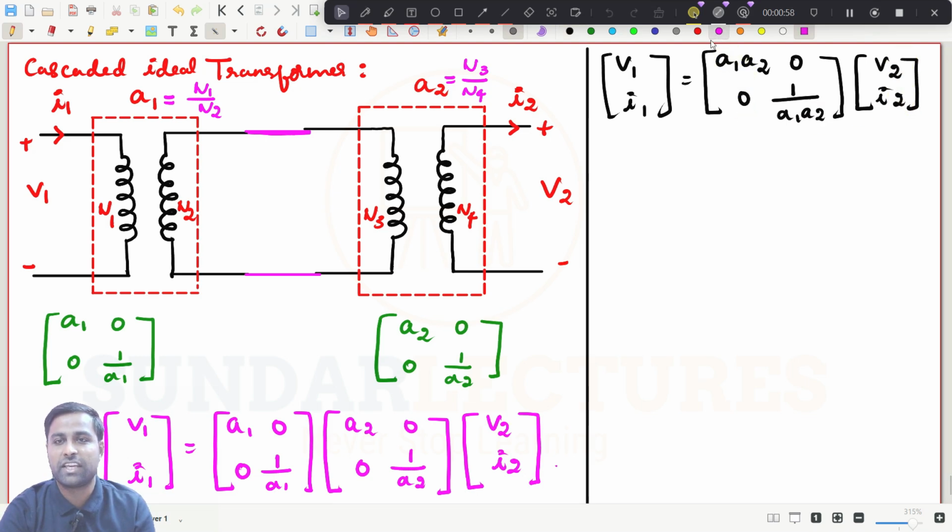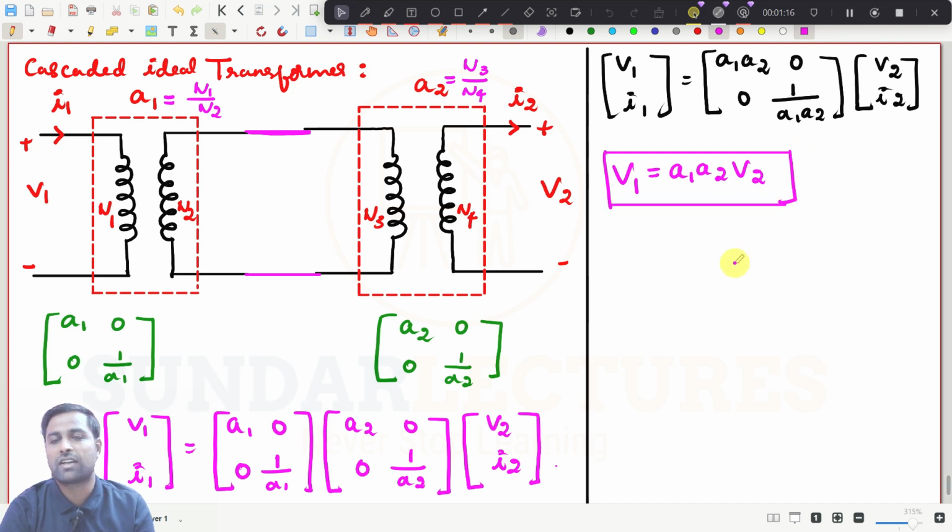So finally, you can write this equation as V1 equals A1 A2 V2. This is 0. So this is the value of V1. And what is I1?